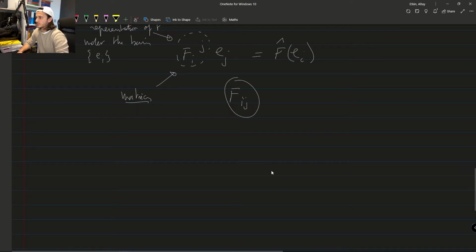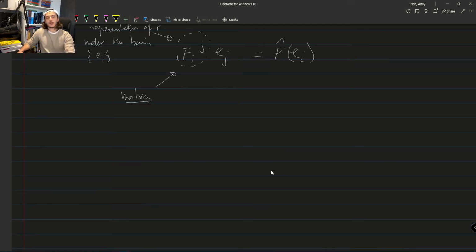I'm using this one because I want to be able to directly apply this in the next video to tensors. Because this is what we call a 1-1 tensor, and a matrix is a 1-1 tensor. So linear operators are 1-1 tensors.